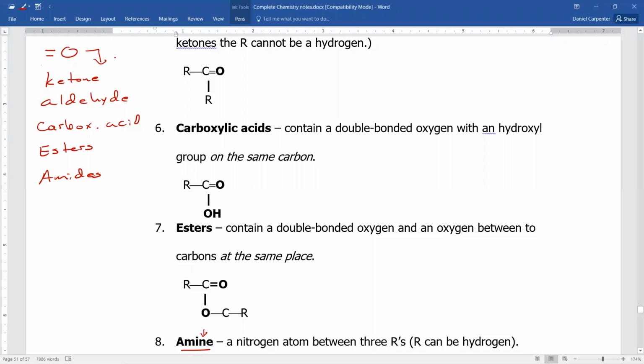So what's the difference? Ketone, the double bonded O is not on the end carbon.